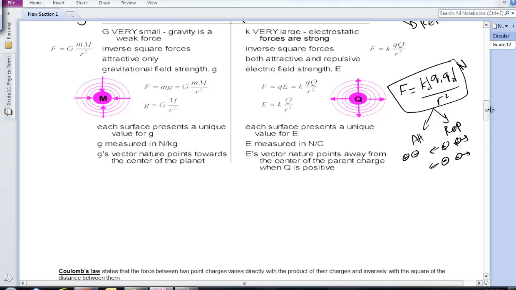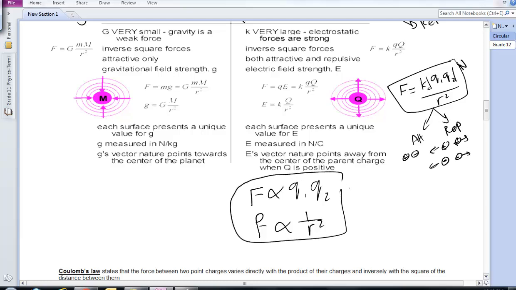There is something very important here. Mathematically, we can figure out that the force is directly proportional to Q1 and Q2, and the force is inversely proportional with r squared. And this is very important and a common question: you need to be able to relate the force to the charge and the distance numerically.